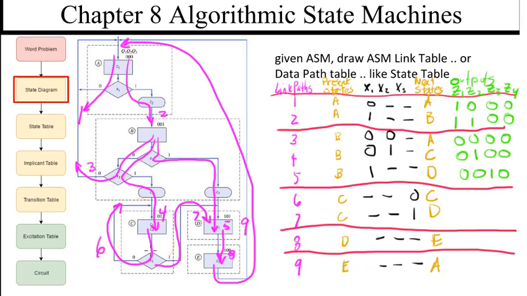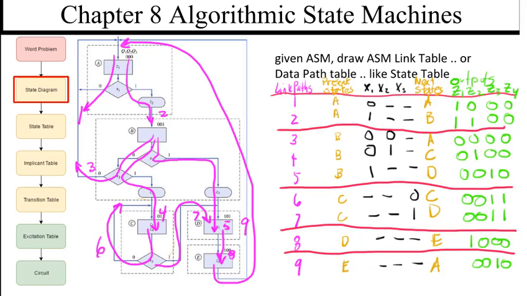In link path 6, Z3 and Z4 are both set Mealy style here in state C. So in both cases, 3 and 4 are set. These guys aren't looked at in either case. And then in state D, we're always setting Z1. And in state E, we're setting Z3. And that's it. So let's check our work.